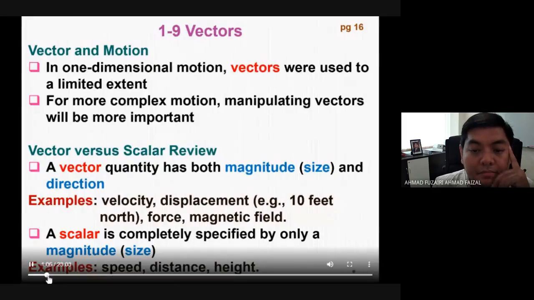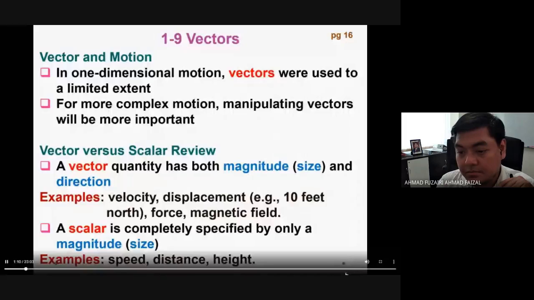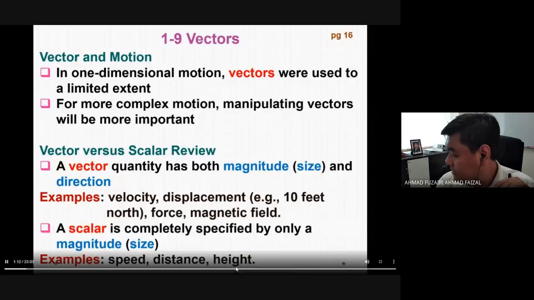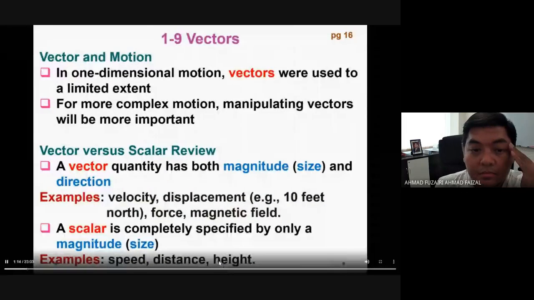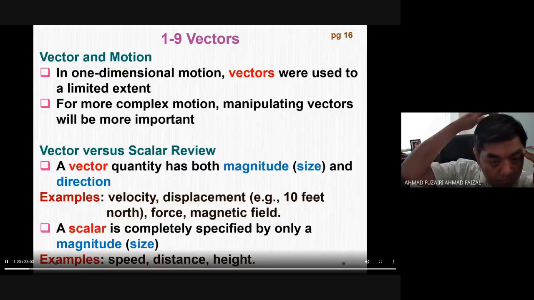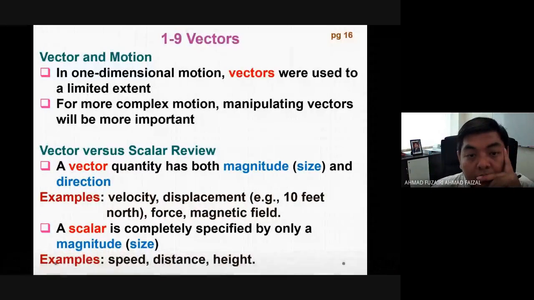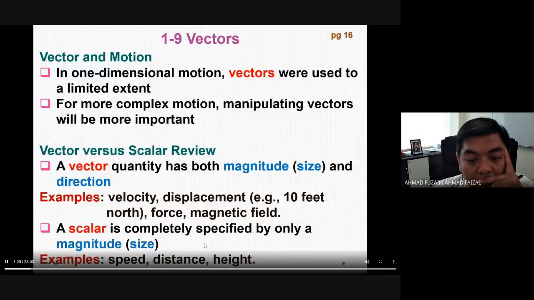So in one-dimensional motion, for example, you only have one direction. Okay, so vectors were used to a limited extent. So for more complex motion, this one is regarding 2-dimension or 3-dimension. Okay, so manipulating vectors will be more important.